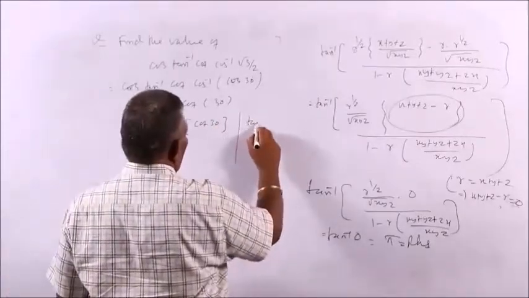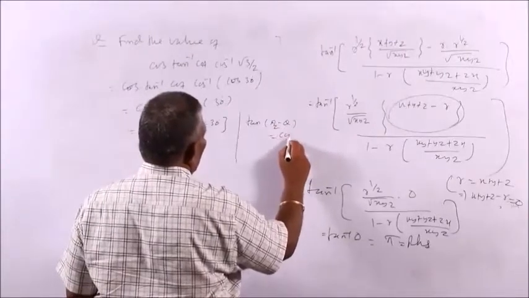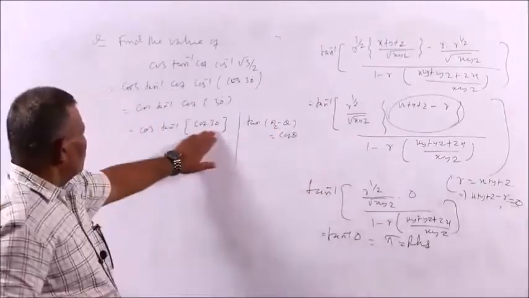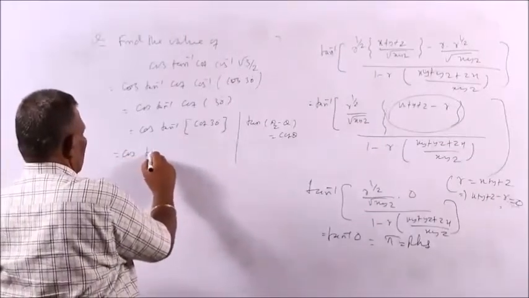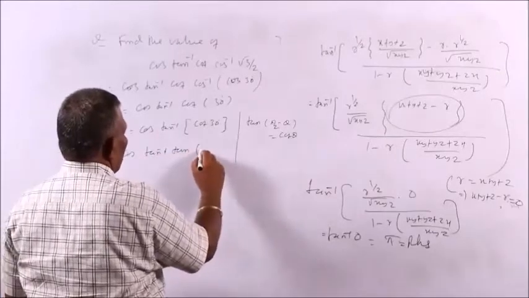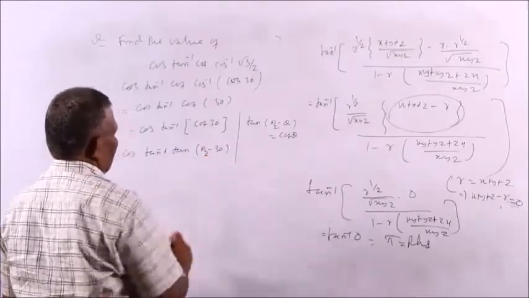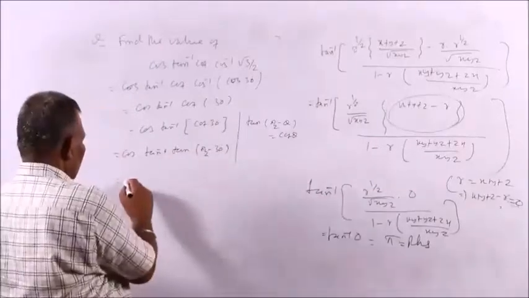We know that tan (90 minus theta) equals cot theta. So cot 30 degree can be written as cos tan inverse tan (90 minus 30 degree). Or you can put the value of cot 30 also, no harm.